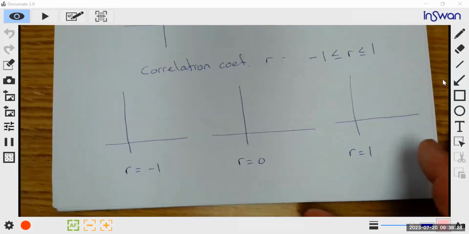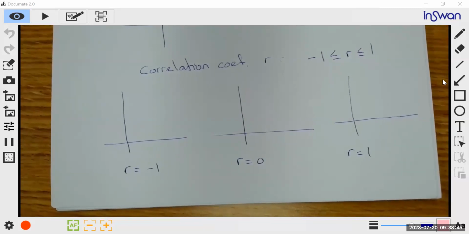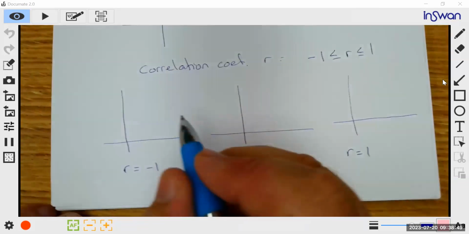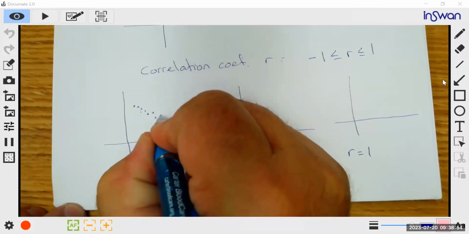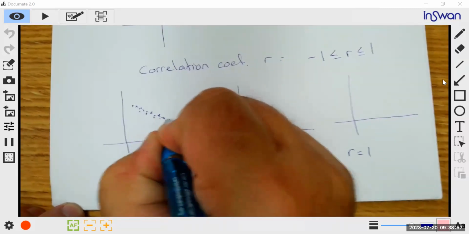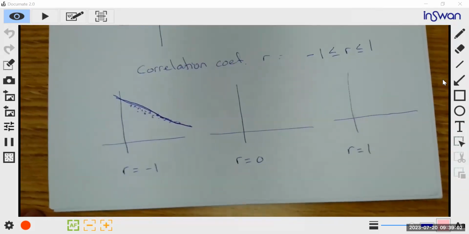Okay, now let's look at what do you think these mean? That's what we just said. A correlation is a relationship between the X and Y data. If it's -1, what does that mean? Well, the inverse would be what? They're not all over the place. Actually, if it was -1, it would be an exactly straight line. All the data would be an exact straight line.